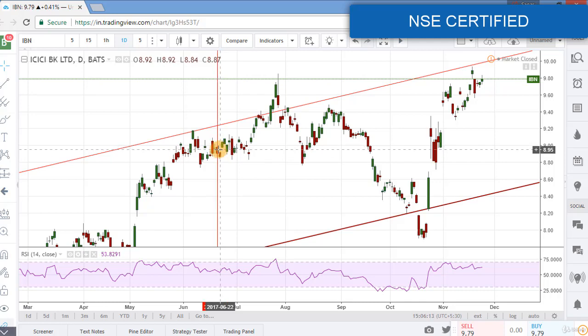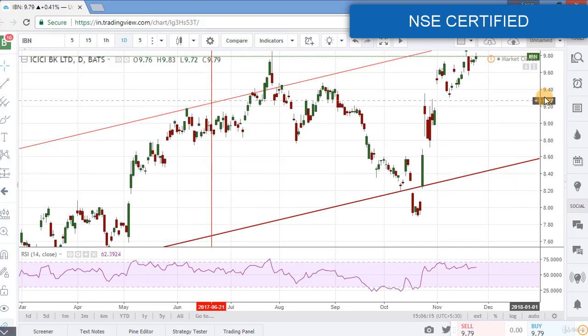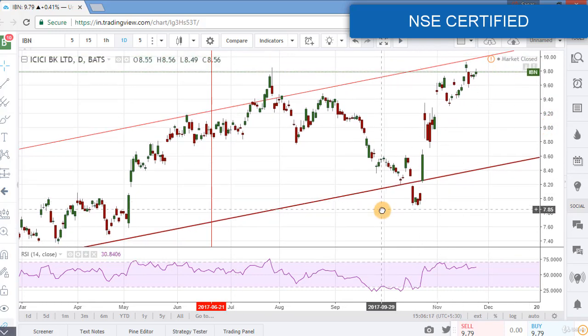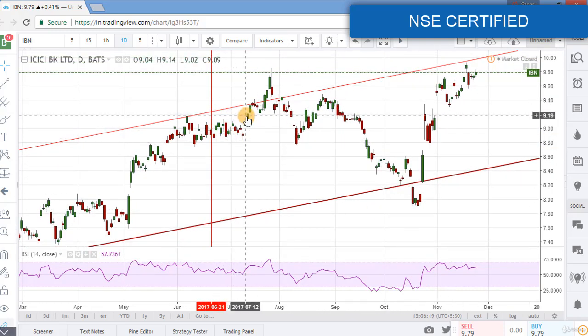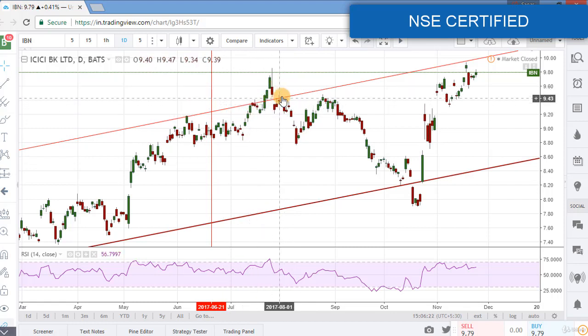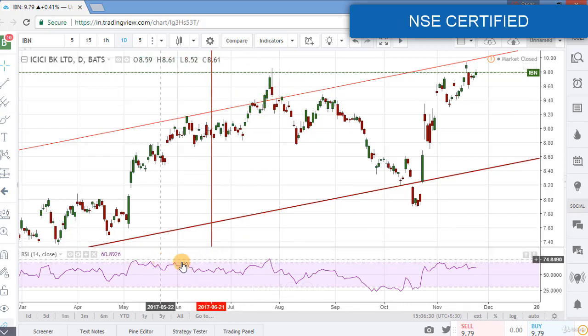This was the candle. By watching carefully, we can say that this was the high range of the stock and the stock was moving near its upper resistance line and near its high. This was the all-time high of the stock and we are getting a negative divergence here.